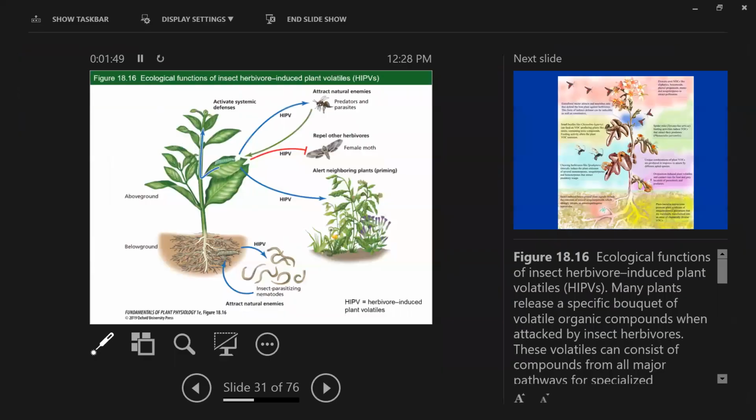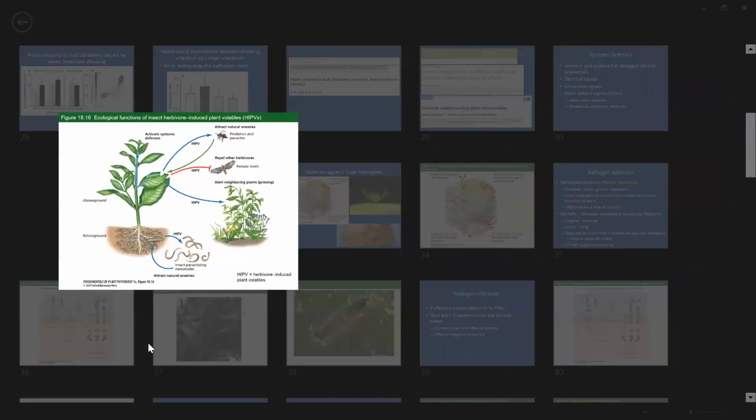Again, the volatile idea that you have the capability of warning nearby plants, or even recruiting some of the predators to the pest that's attacking you, which is a pretty slick strategy. So that's a nice big picture idea slide.